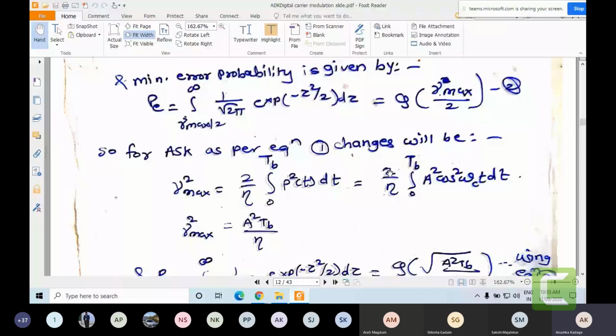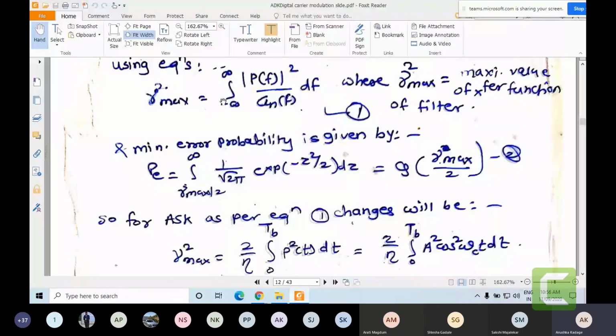Noise power spectral density. So P square T, here gamma square max, you are seeing it is what? Integration from minus infinity to plus infinity, PF square divided by GNF. So here PF square is substituted as integration value of obtained PT signal square, magnitude square. GNF value is nothing but eta. The P square T signal is going to exist only for bit period with the value of A square cos square omega ct.